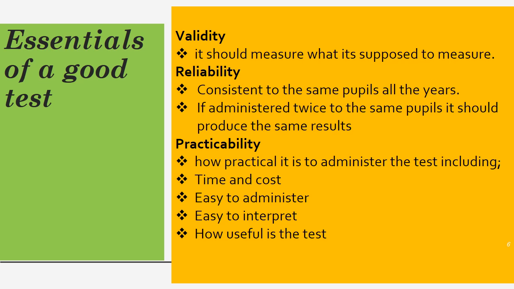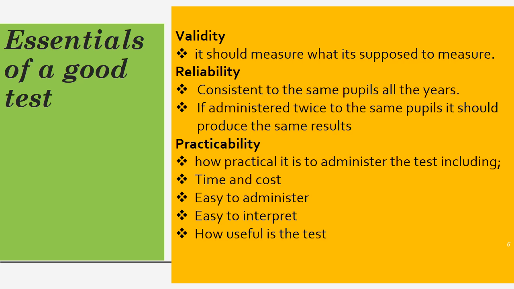Here what we mean is that a good test should measure what it is supposed to measure. For instance, if I want to know how well you understand the definition of psychology, and then instead of testing you on that, I bring something else, it means I'm not measuring the thing that I'm supposed to measure. So a good test should have validity. It should measure that which it is supposed to measure.